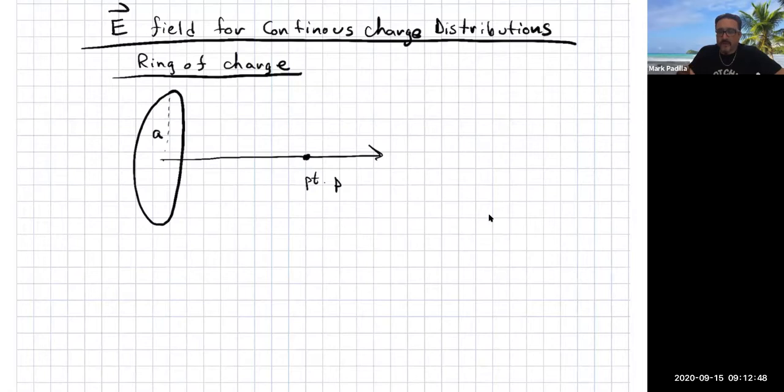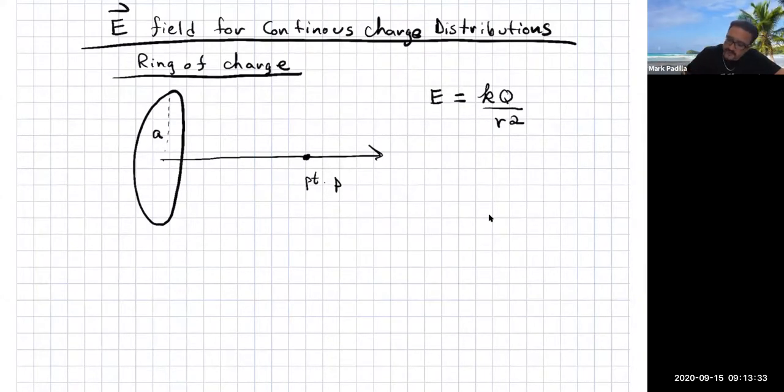So if I have my basic equation, E is equal to KQ over R squared, I cannot describe the electric field at that point with that equation. But the equation gives me a mathematical starting point, which means I can make infinitesimally small pieces of the ring by making dE a differential.